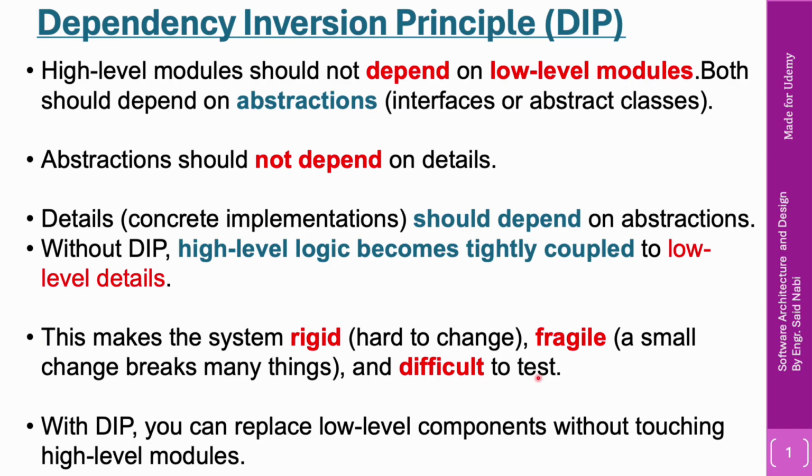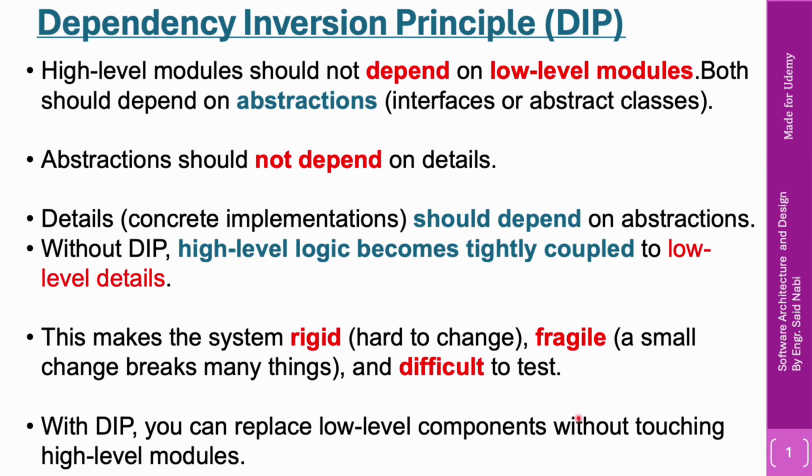So we need to incorporate the dependency inversion principle, with which you can replace low level components without touching high level modules. For example, the OrderProcessor class is dependent on the abstraction PaymentMethod, and that PaymentMethod interface can be implemented by any payment class like PayPal, Stripe, CreditCard, or any other.